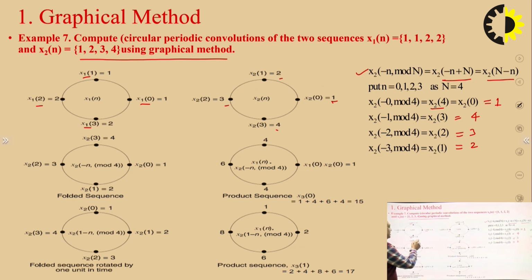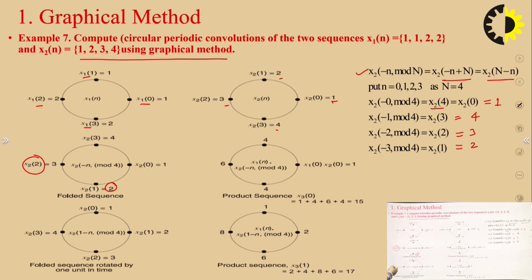Similarly x2[-2] is x2[2], so again we can write x2[2] over here, the value is 3. And similarly x2[-3] mod 4 is x2[1], so the value is 2. Now after drawing this circle, we have basically done the folding operation.